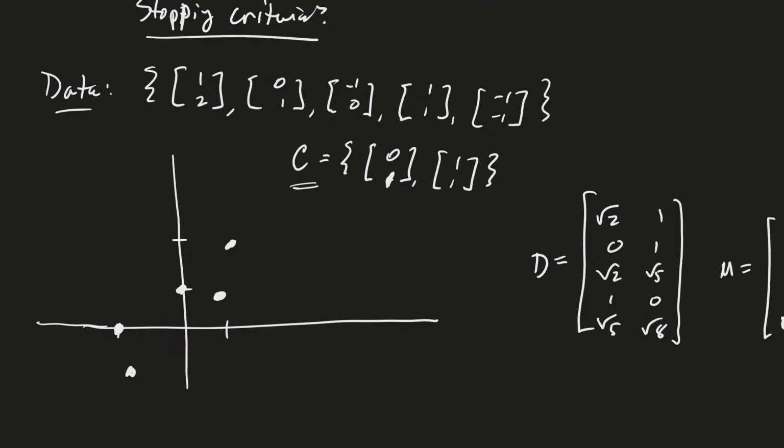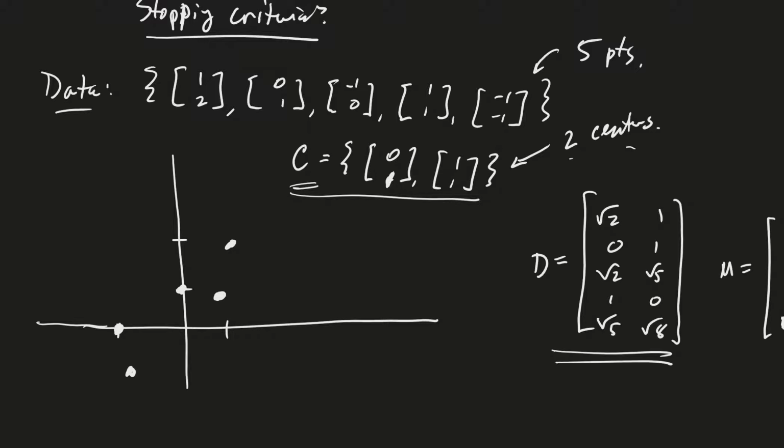Once I know the cluster centers and the data, I've got 5 points and 2 cluster centers, so I'm going to have 10 distances all together. For each point, you take the distance to each center and build a table of those. Here we have our matrix D, which is 5 by 2.